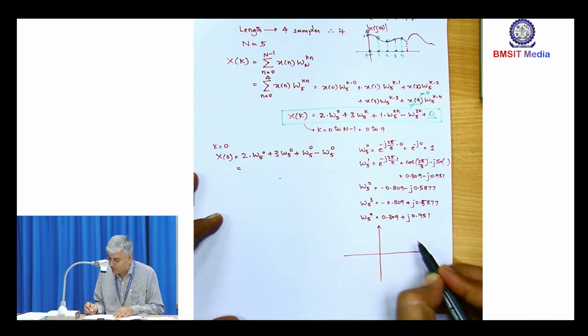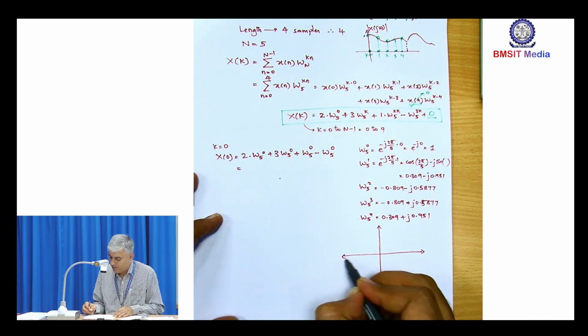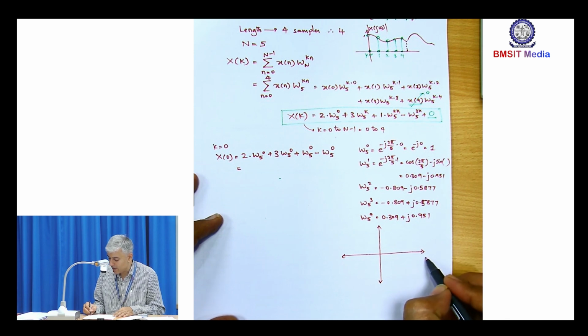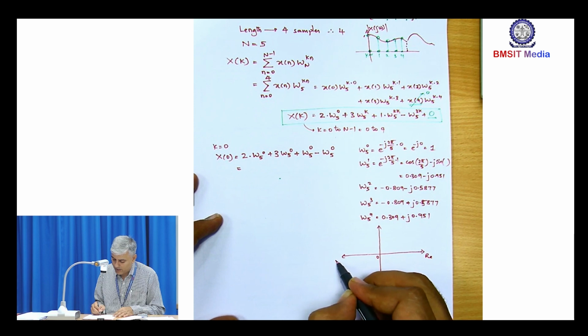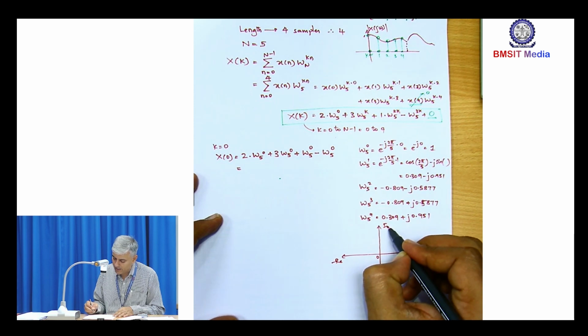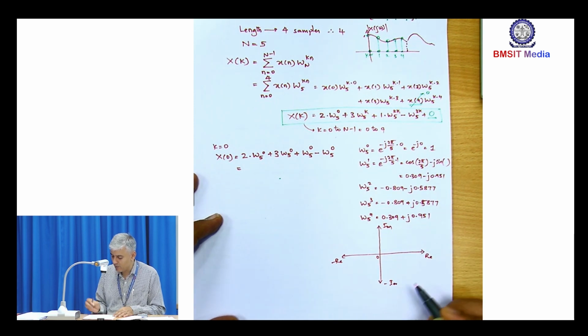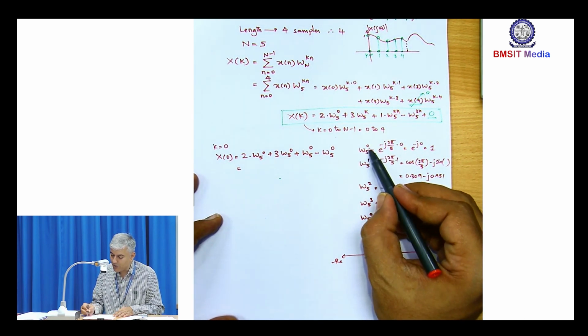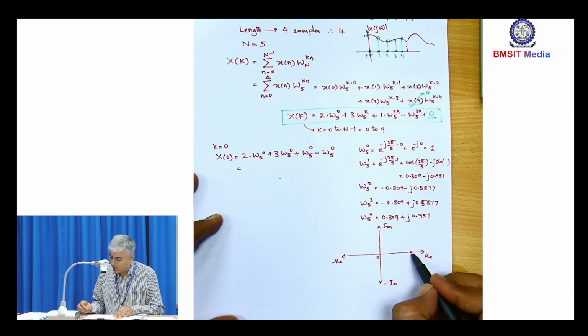Where is W5 raised to 0, 1, 2, 3 and so on. So let's see here, this is the real part, this is the negative real axis, this is the imaginary axis, this is negative. So where is W5 raised to 0? W5 raised to 0 is 1 over here.